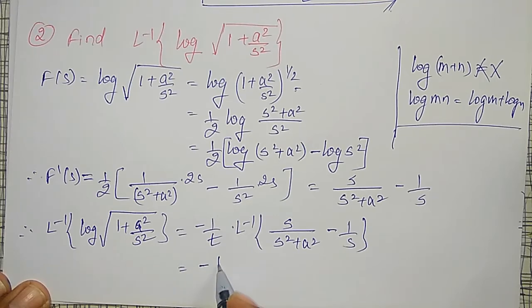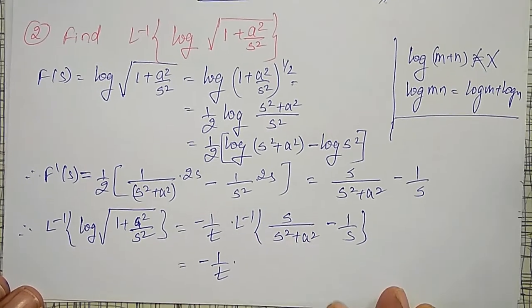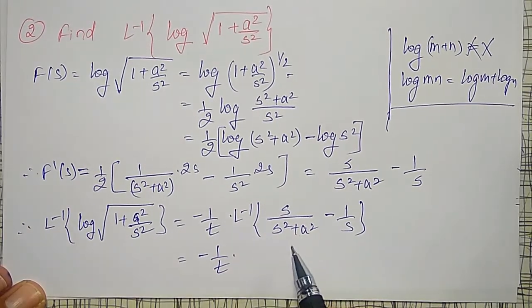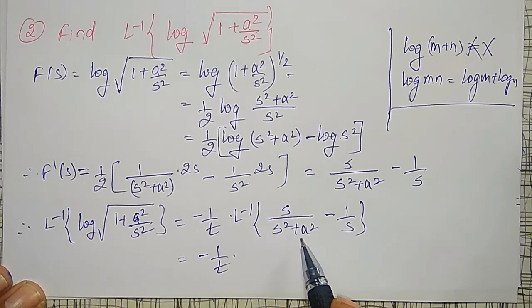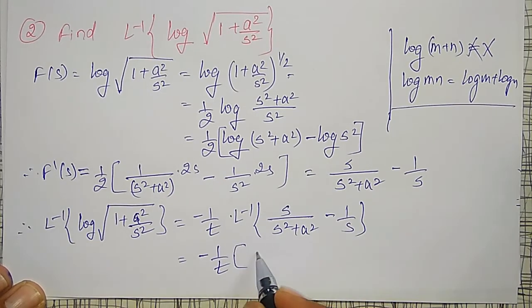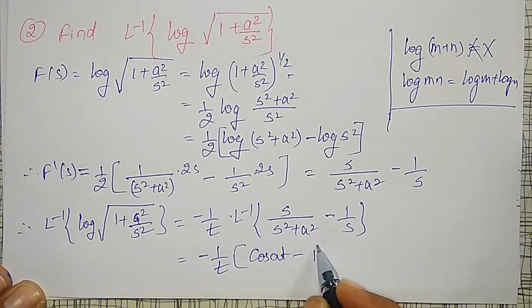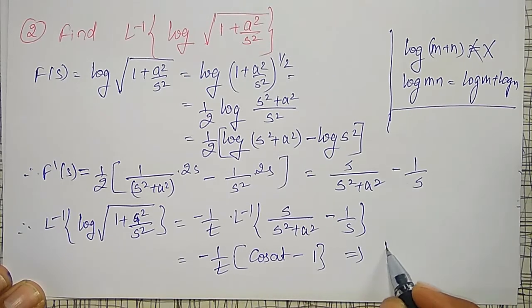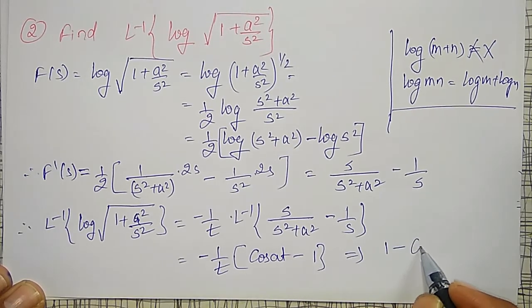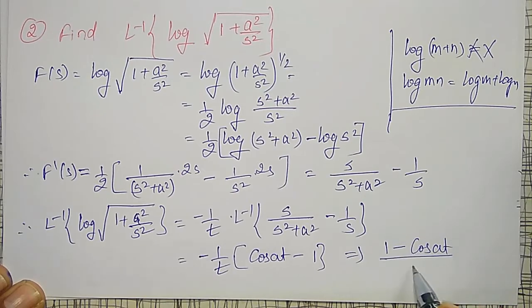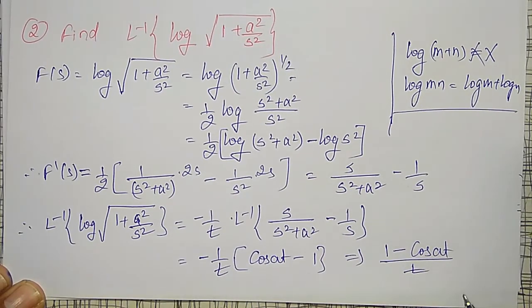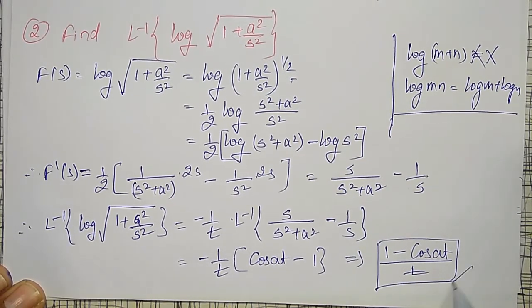Therefore minus 1 by t into inverse Laplace transform of s by s square plus a square is nothing but cos at, minus 1 by s, inverse Laplace transform is 1. Simply I can write it as 1 minus cos at divided by t. This minus I can take inside. Therefore this is the required final answer.